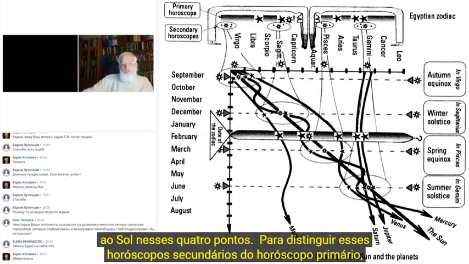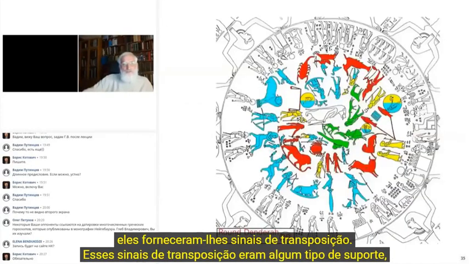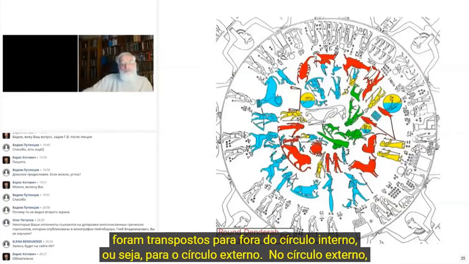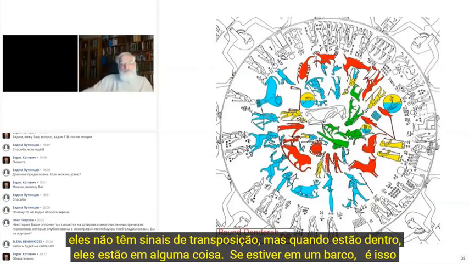To distinguish these secondary horoscopes from the primary horoscope, they provided them with signs of transposition. These transposition signs were some kind of stand, either a snake on which it stood, more often snakes or some boats. Or simply, they were transposed outside the inner circle, that is, on the outer circle. On the outer circle, they have no transposition signs, but when inside, they are on something.